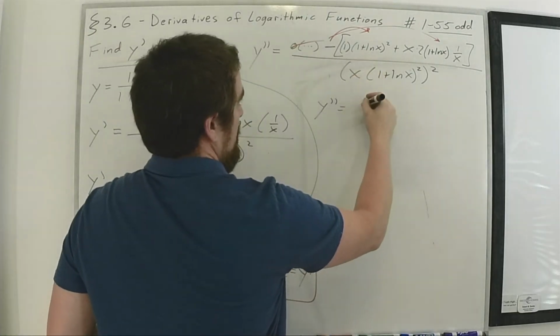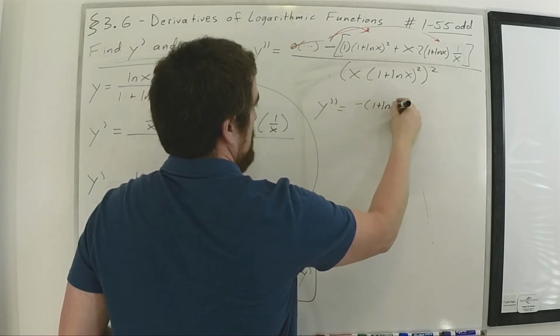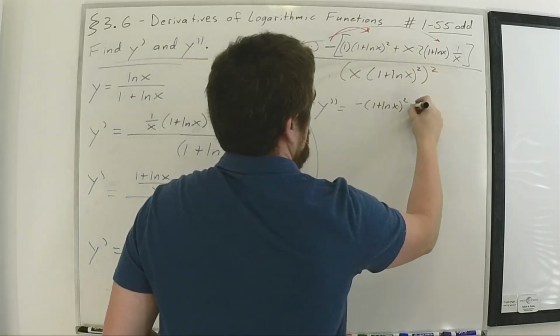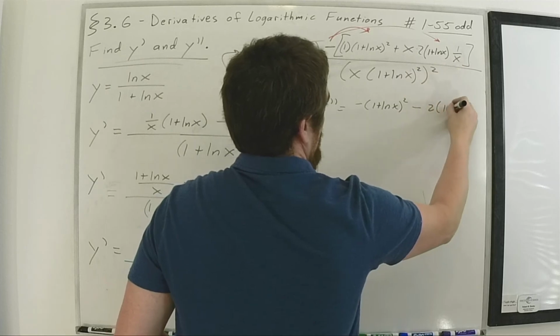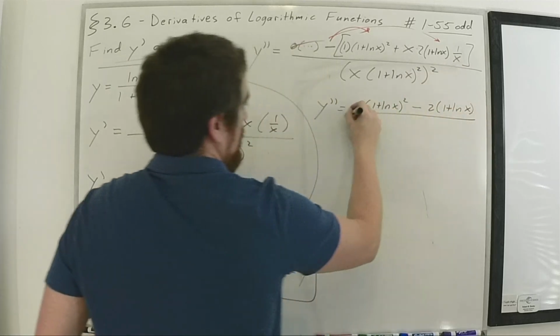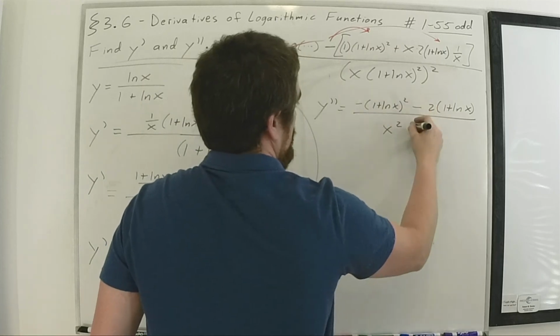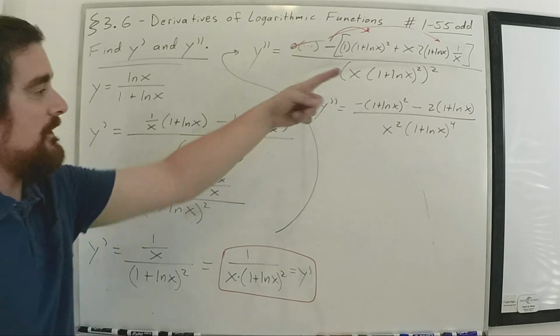So I'm just going to rewrite this as negative 1 plus log x squared minus, x's are going to cancel out. I'll get 2, 1 plus log x over. This x is going to be squared, and this 1 plus log x is going to be to the 4th power, because I'm going to square that square.